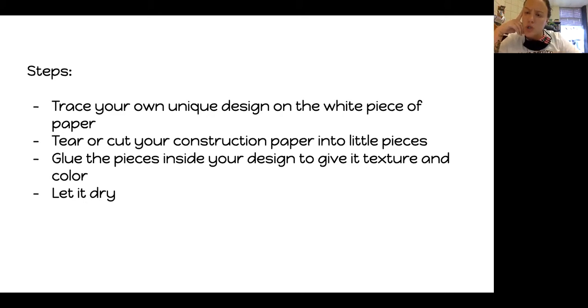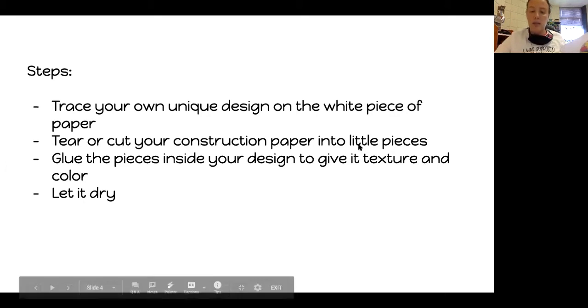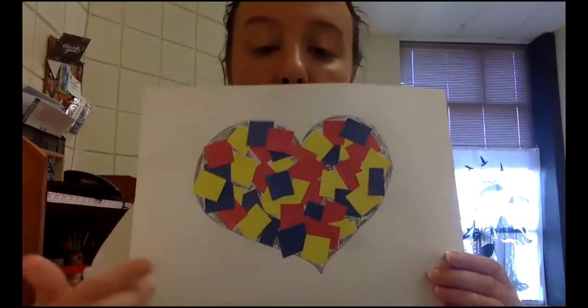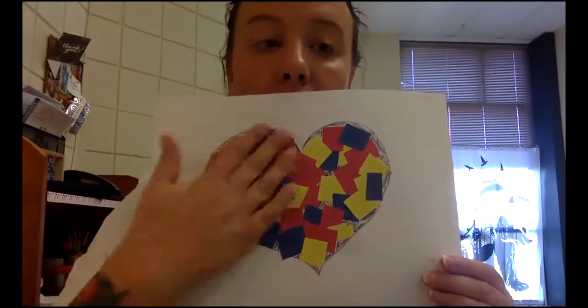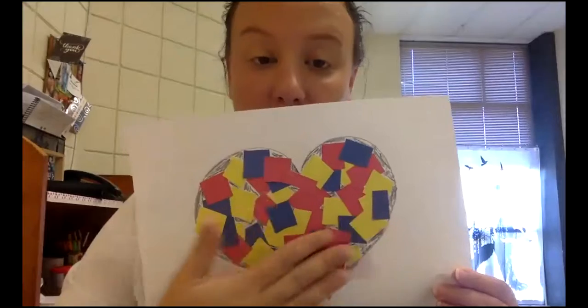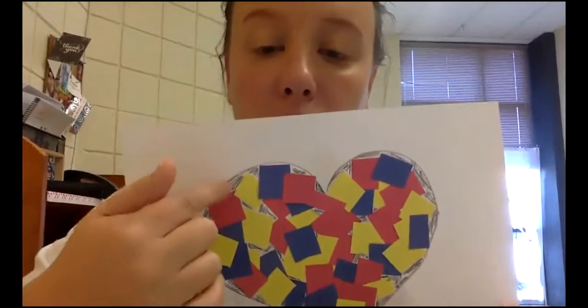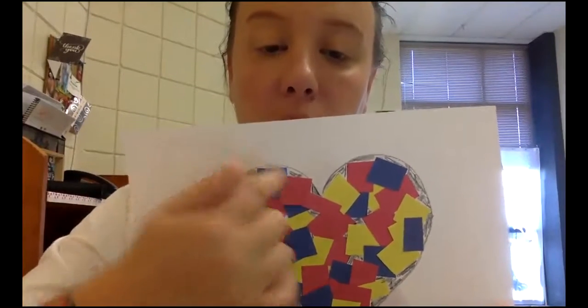Then you're going to get your construction paper and you're going to cut or tear it into tiny little pieces, because those pieces are what you're going to put inside your design to give it texture and color, like this. Let me hit stop share so you can see what Miss Wright created this morning. So she did a heart, and then she filled it all with her pieces of paper for her mosaic. And then look, remember in the video they talked about grout?